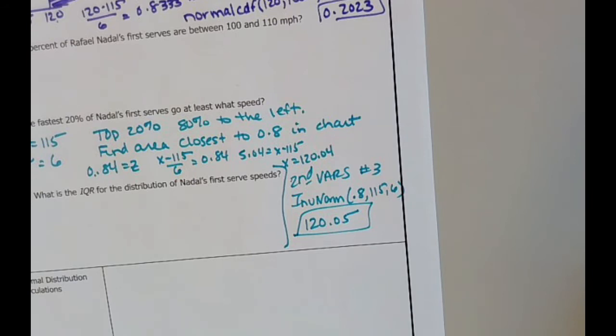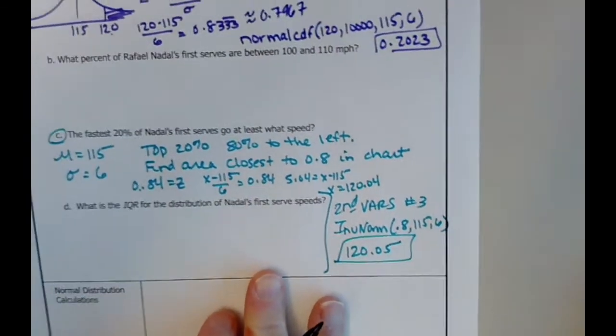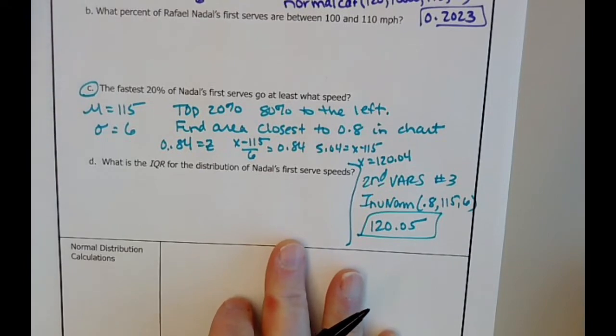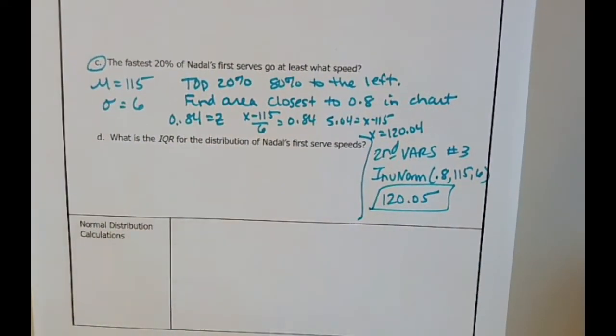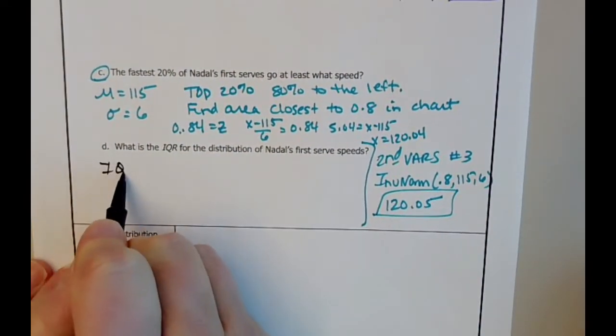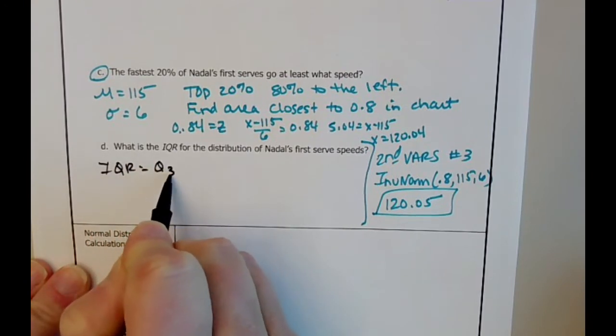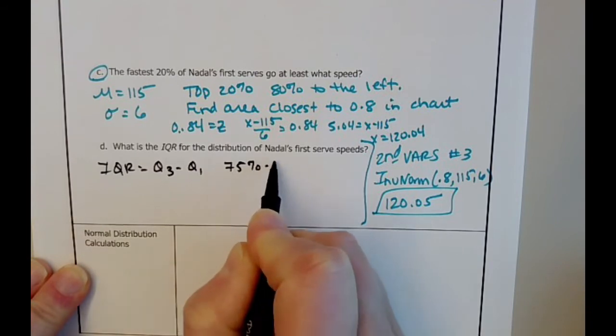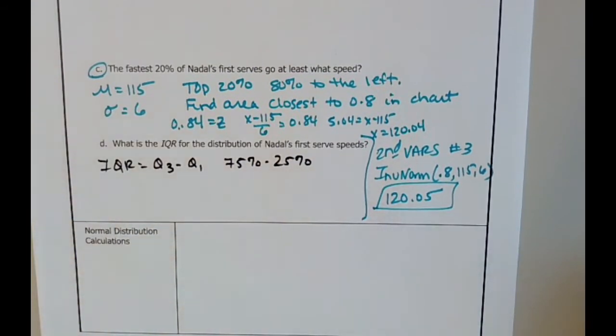Okay, this one talks about IQR, so we want the 75% minus 25%. Oh my goodness, I have so many papers here, I can't even function. So IQR is quartile 3 minus quartile 1, which is 75% minus the 25%. So if you find the two, you want to find the difference of them.